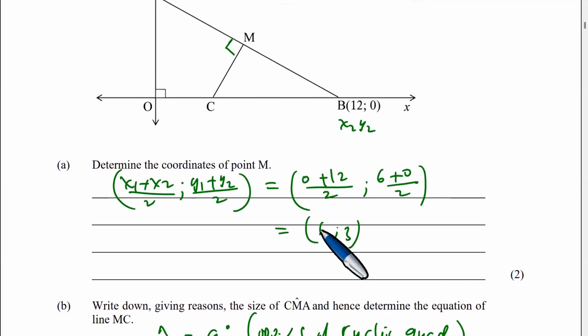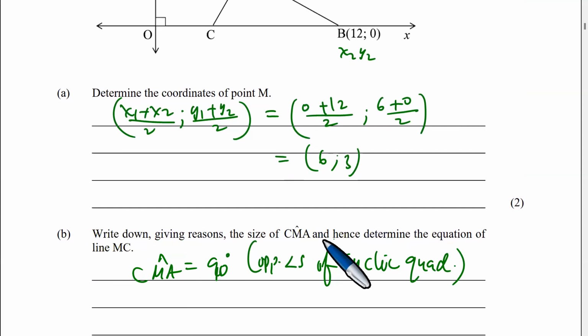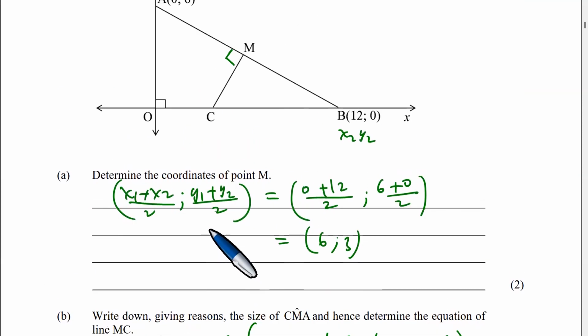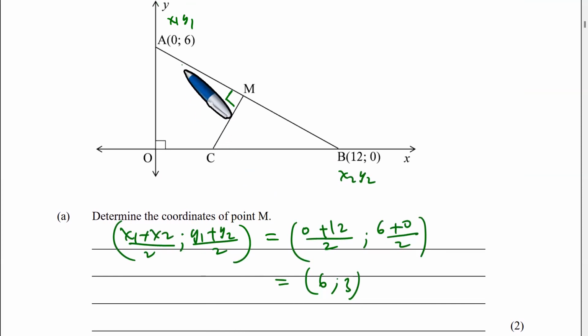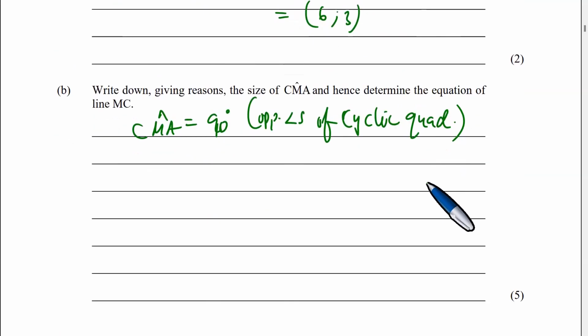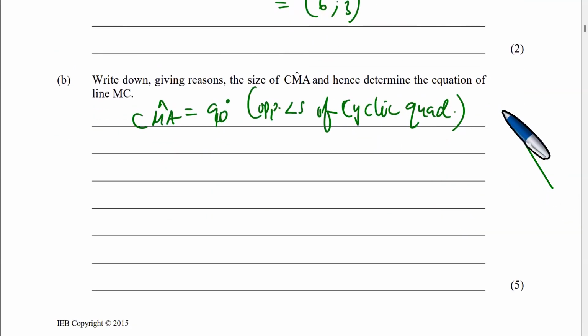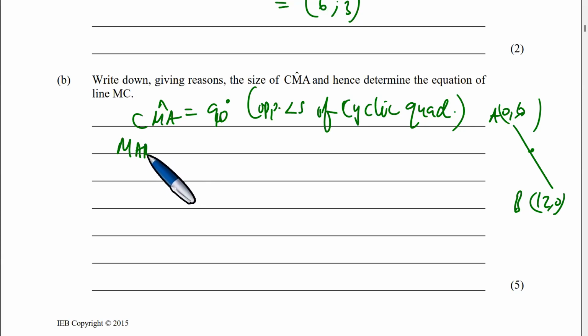Now you want to find the equation of line MC. You need to first find the gradient of the line AB. You have A and B here: 0, 6 and 12, 0. So what is the gradient of AB? The gradient is y2 minus y1 over x2 minus x1, which you know pretty well.